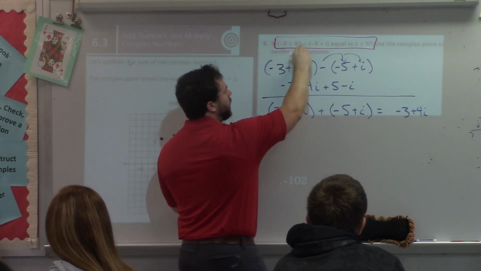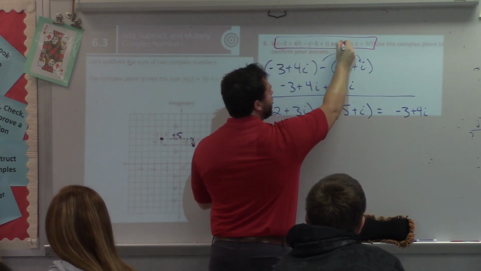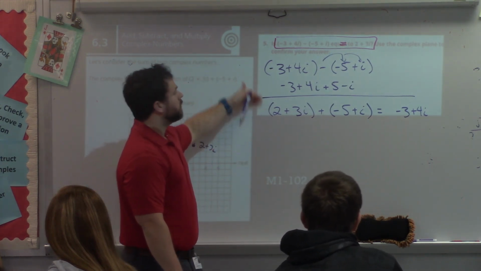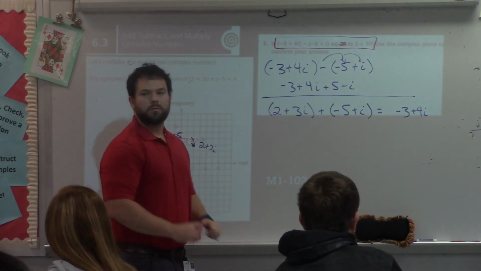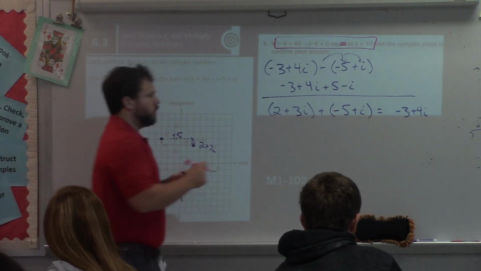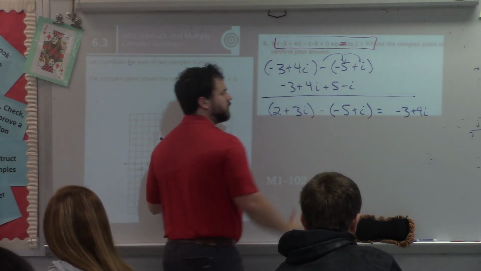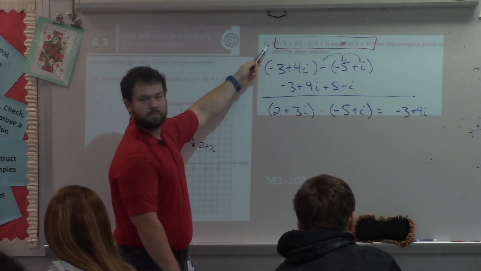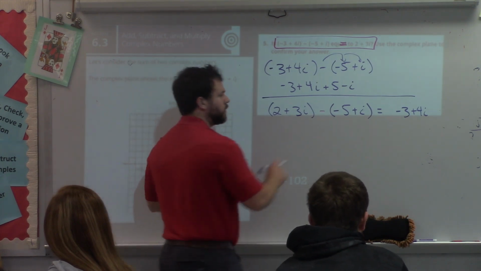Negative 3 plus 4i minus the negative 5 plus i equals 2 plus 3i. So how could I go from here to that equation? Just change the plus to a minus? So I change this plus to a minus like that? Is that the same as what we have up here? Oh, wait. That ain't the same.